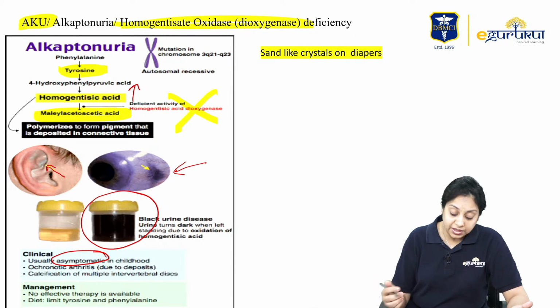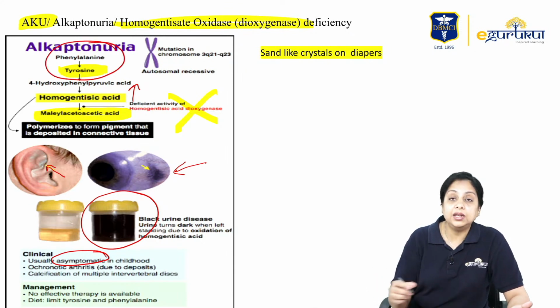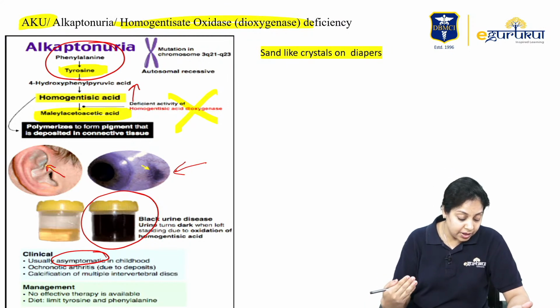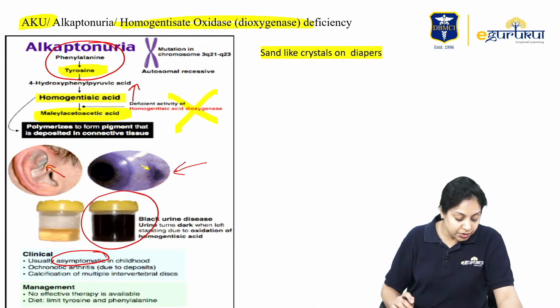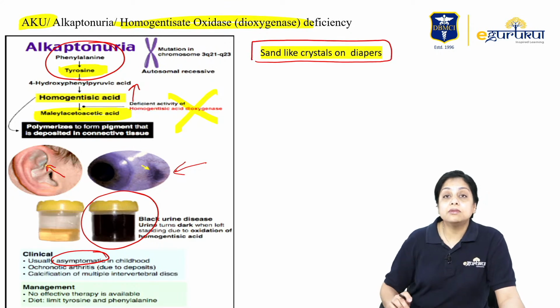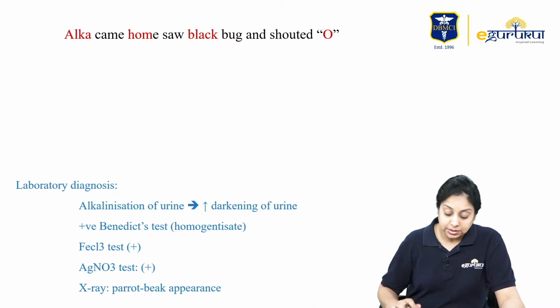We should be limiting the diet that contains phenylalanine and tyrosine, because we cannot degrade and therefore excrete it properly. Yes, Ganesh Roy, in alkaptonuria, tyrosine becomes an essential amino acid, right? In babies, they may give you sand-like crystals on the diapers, but usually it gets unnoticed, right?